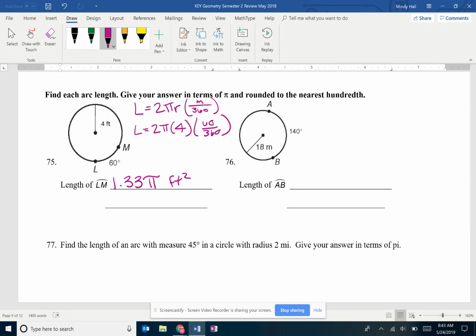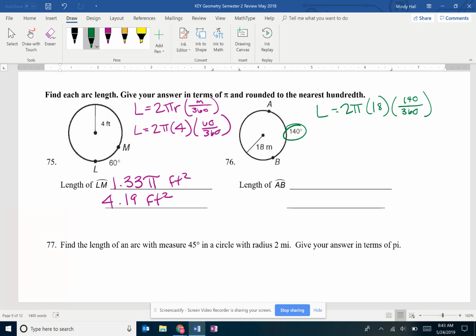Okay, and then when we multiply pi in, that gives us 4.19 feet. Oopsie. So then if I want length again with this one, it's going to be 2 times pi times our radius times the degrees, so it's that 140 divided by 360.